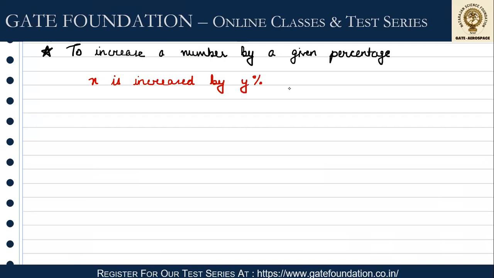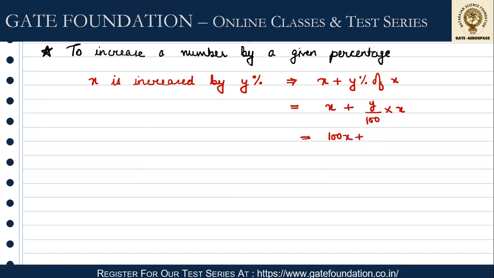If x is increased by y%, then simply what we are going to do is x has to be enhanced by y% of x, right? So this can be y% of x. Further, if you solve this in the short form, it can be given as x plus y by 100 times x, right?